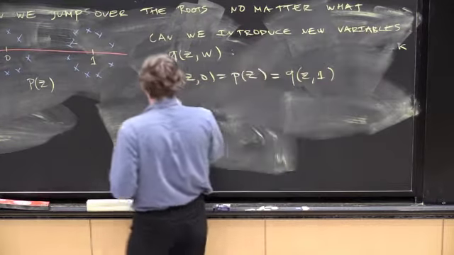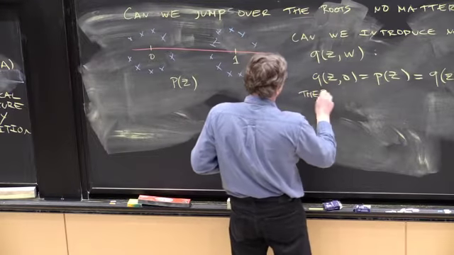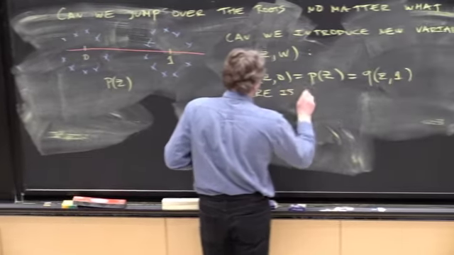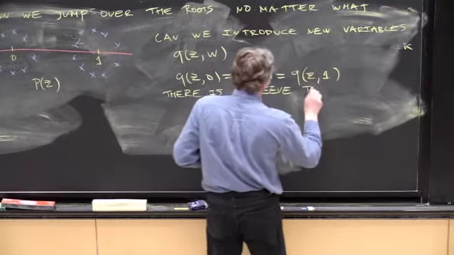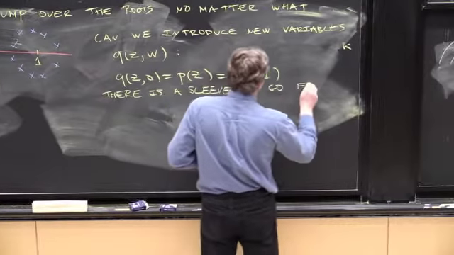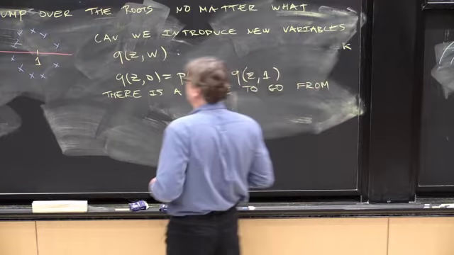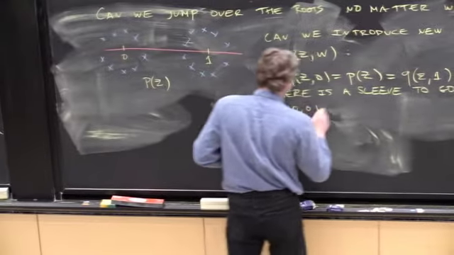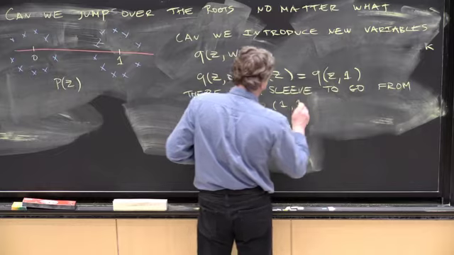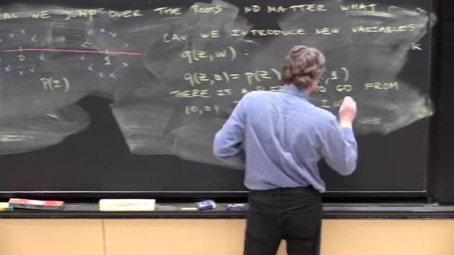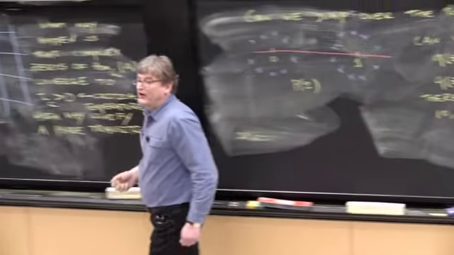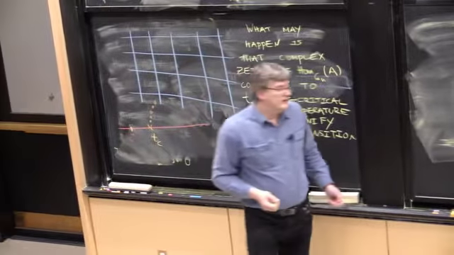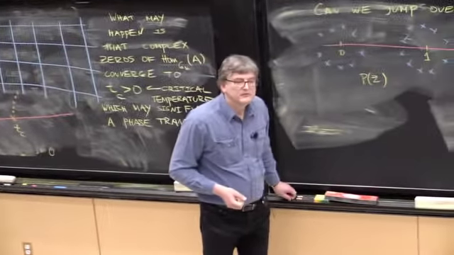And there is a sleeve to go from (0,0) to (1,1), but this time in C^2, right? And in principle, I can convince you that it's always possible.